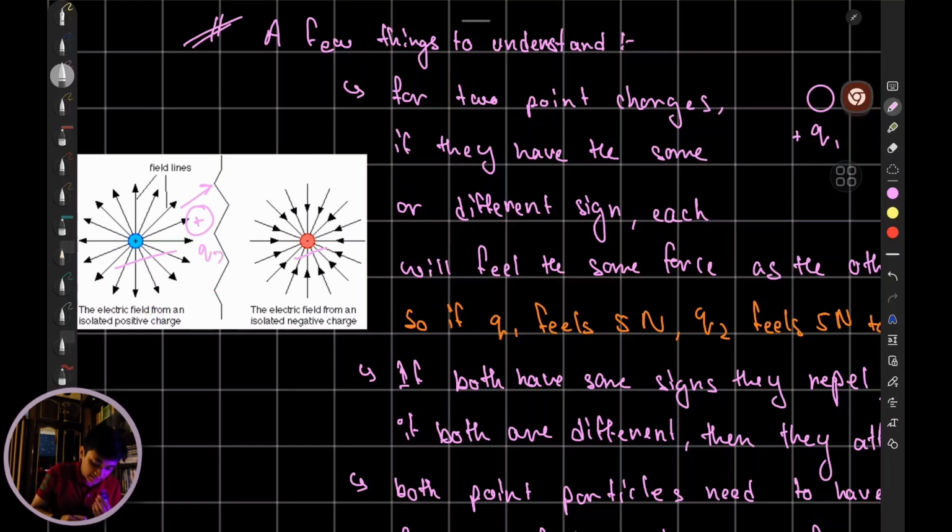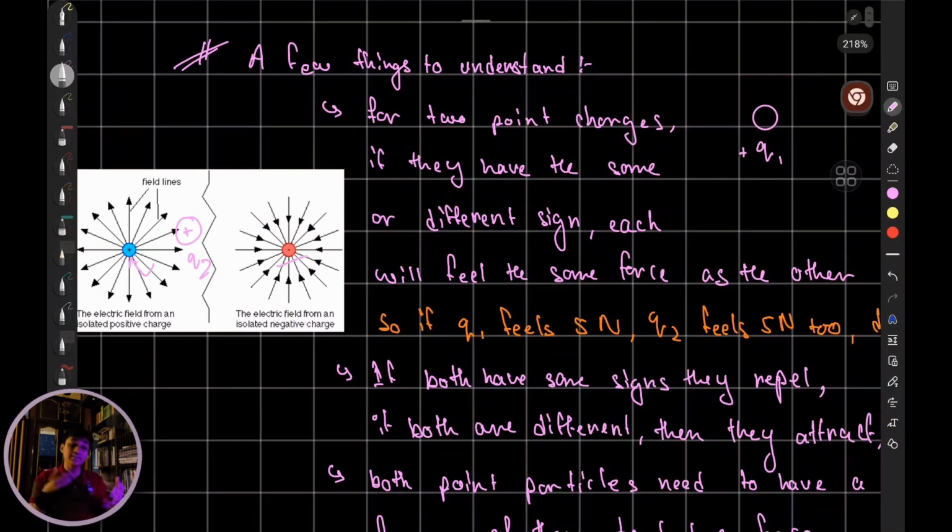This positive charge, let's say Q2, is feeling a force outwards. That is why we need to understand field lines. Field lines are basically telling you the direction in which the force is acting. And the field lines belong to which one? This positive charge. So when this Q2 is introduced in the vicinity of this blue positive charge, it feels a force outwards. That is the meaning of field lines, right? This is giving you the direction where the force is being exerted.